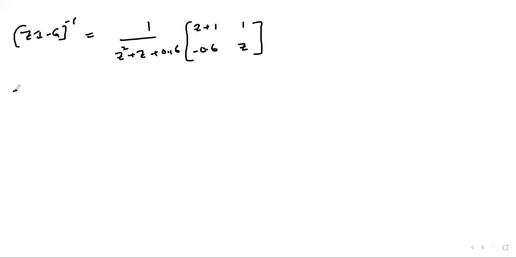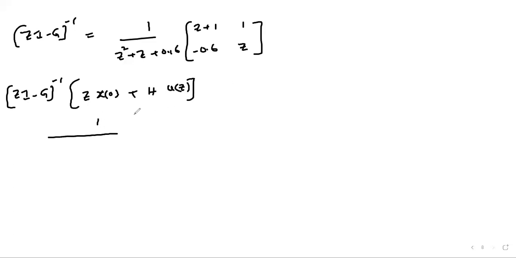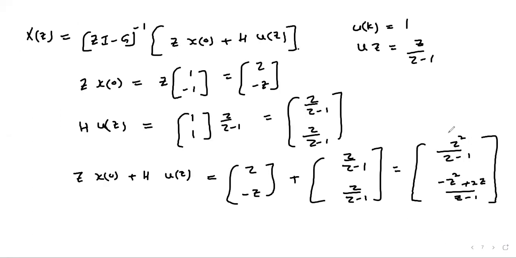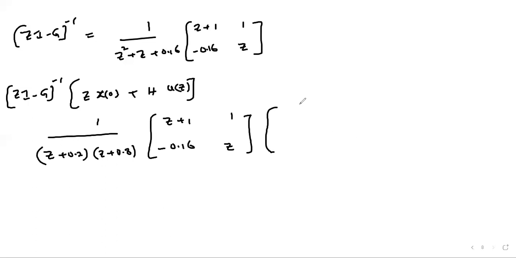We now proceed to multiply ZI minus G inverse into Z X of 0 plus H U of Z, which will yield 1 over Z plus 0.2 and Z plus 0.8, multiplied by the matrix Z plus 1, 1, negative 0.16, Z. This is multiplied by the terms Z X of 0 plus H U of Z, which we have obtained as Z squared over Z minus 1 and negative Z squared plus 2Z over Z minus 1.